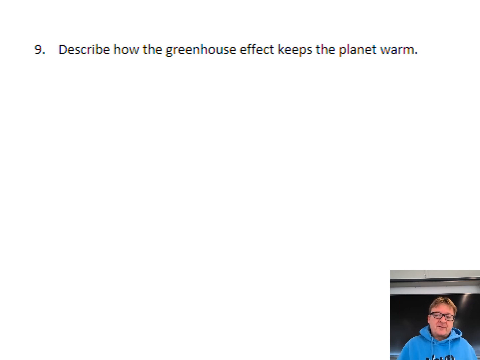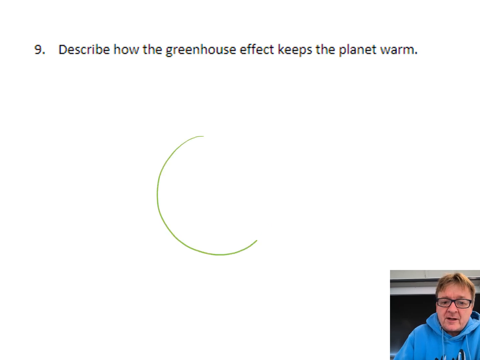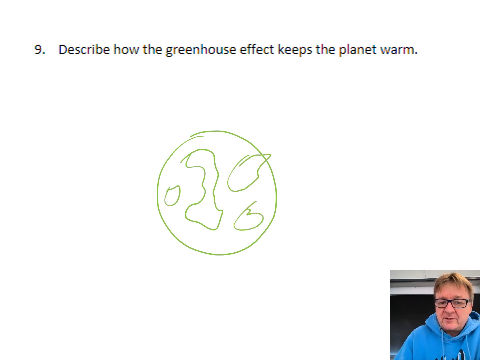Describe how the greenhouse effect keeps the planet warm. Again, this is going to be a diagram done by me, and what you've then got to do is try and convert it into words. So there is planet Earth. I'll do a couple of countries on there, and a bit of sea in between.